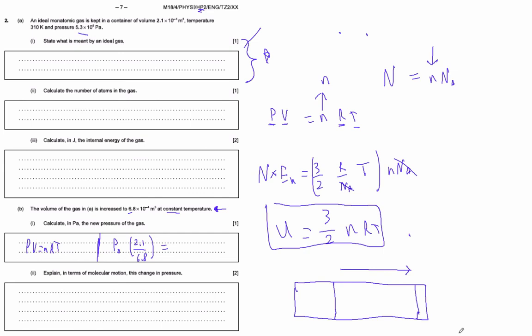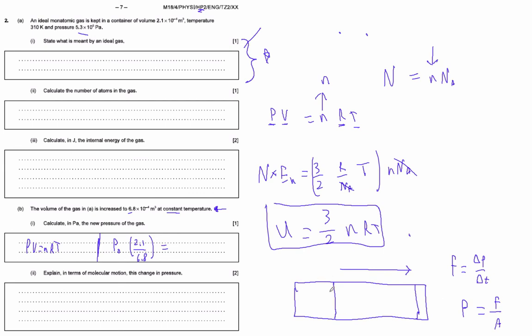Therefore, it'll hit the walls less frequently. Remember that force is caused by the aggregate change in momentum over time, and pressure is force over area. It's 2 marks, but okay.